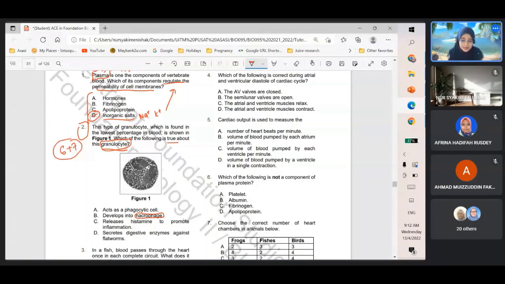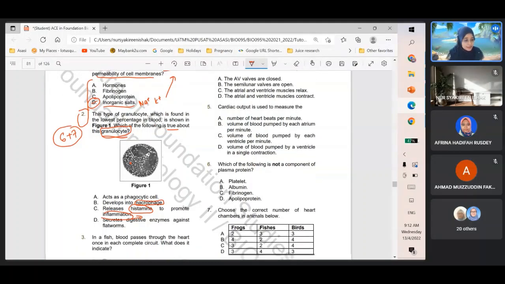Okay, chapter 6 dan chapter 7. You have to know the function of the white blood cells. Okay, in this case, by having the granules, it contains chemical molecule. We call it histamine that involves in inflammatory response. The detailed explanation on the inflammatory response we are going to look at in chapter 7 later. Okay, so thank you, Muiz.